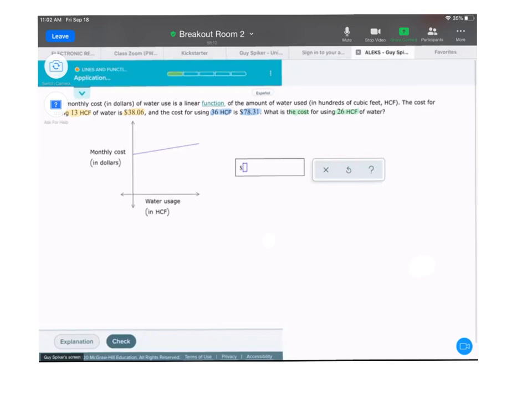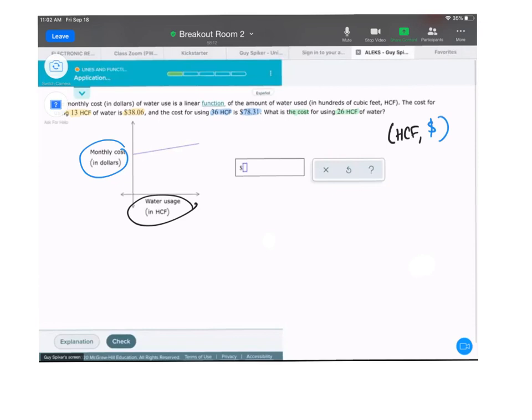The next thing you need to do is figure out what your coordinate represents. We're going to put HCF for our X coordinate because it's on the bottom here, and then we've got our monthly cost, which is your Y coordinate.